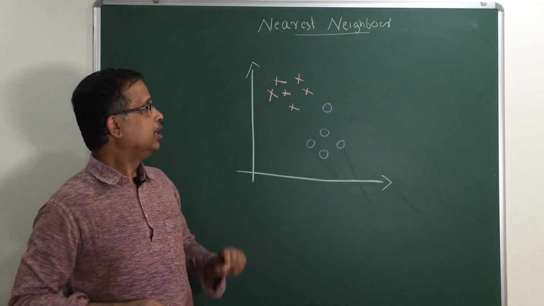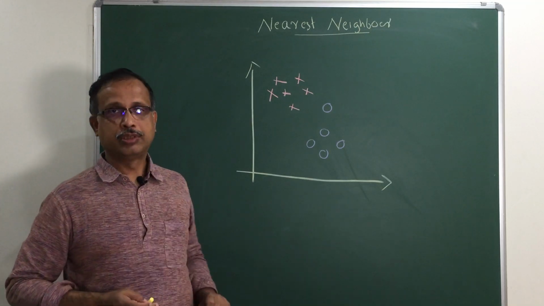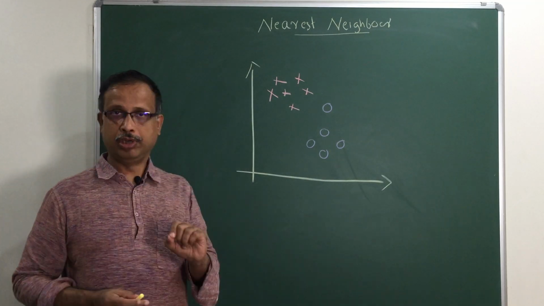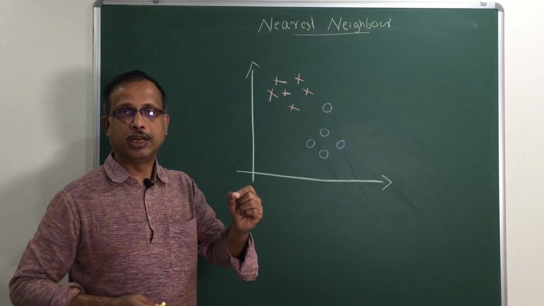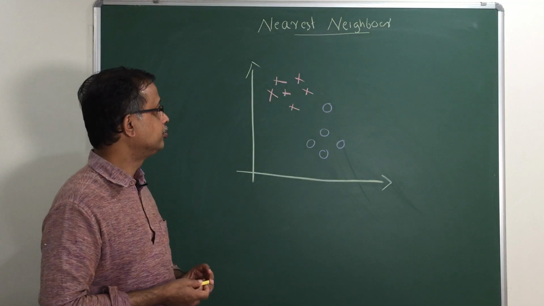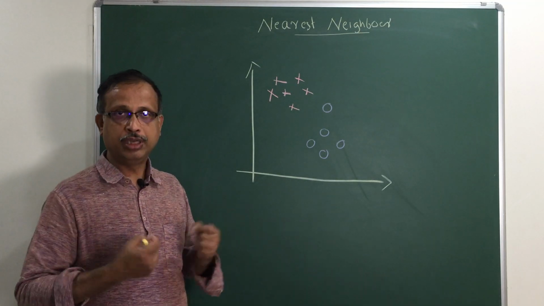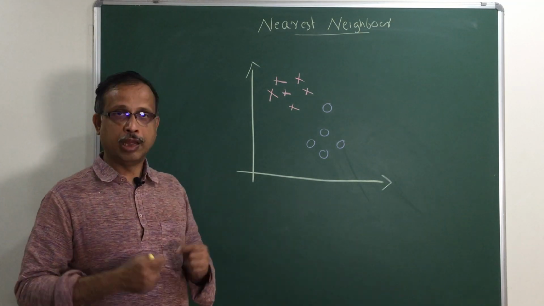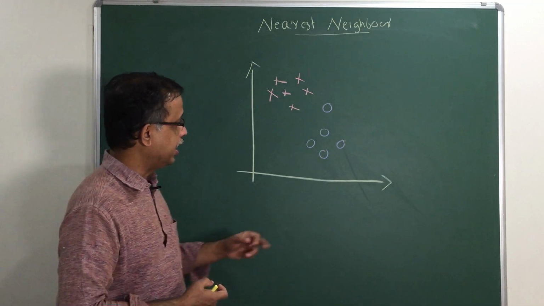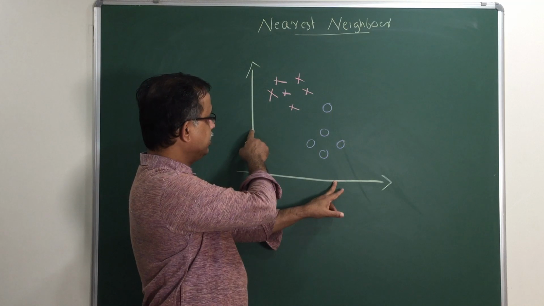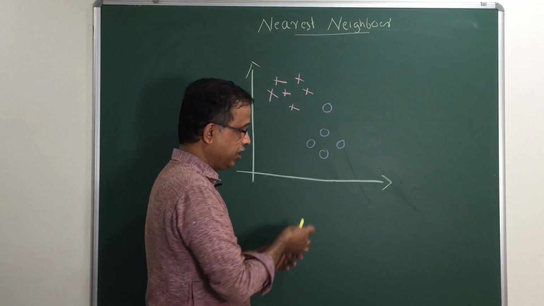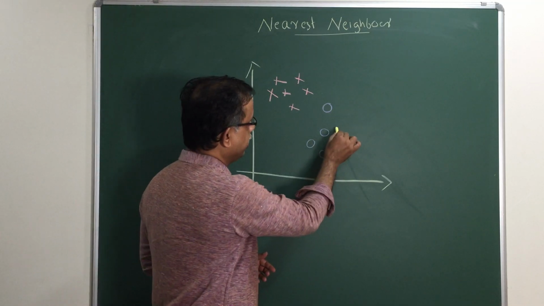Now we have the fruits represented something like this, say this is apple and this is orange. And our problem now is, given a new sample, we want to automatically classify. So we are given a new sample, say a sample which has this feature and this feature measurement, something like this, leading to a sample here.